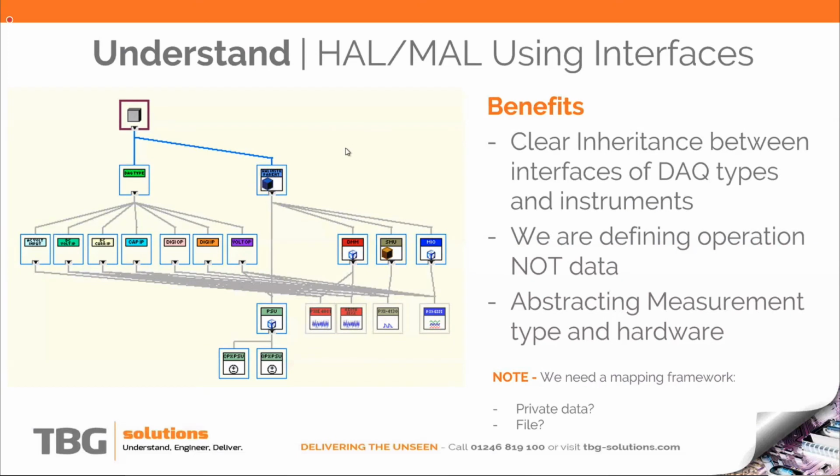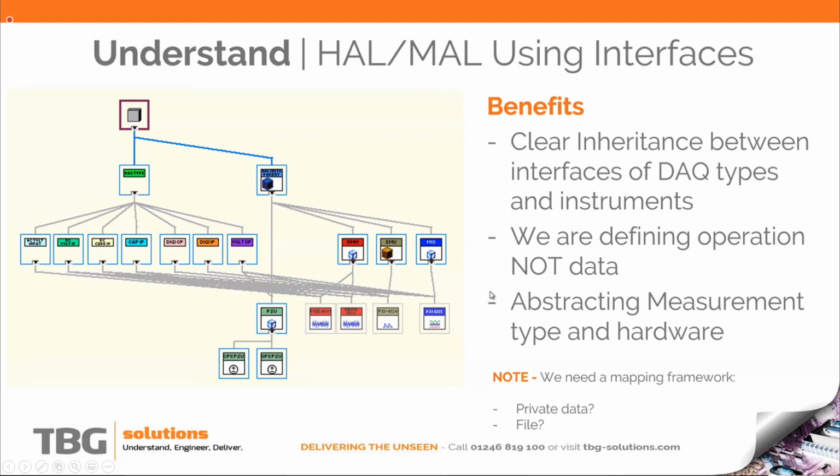So you can see we've got the instrument HAL here, and a defined hierarchy. We've also got the DAQ type interfaces: AC voltage, DC current, capacitance, digital output, digital input, voltage output.